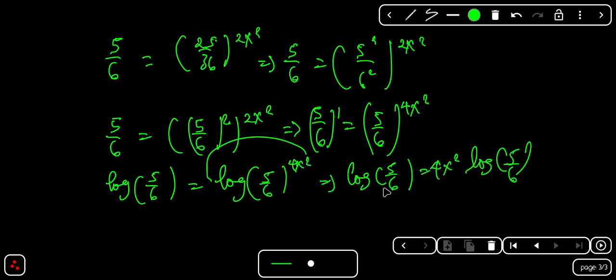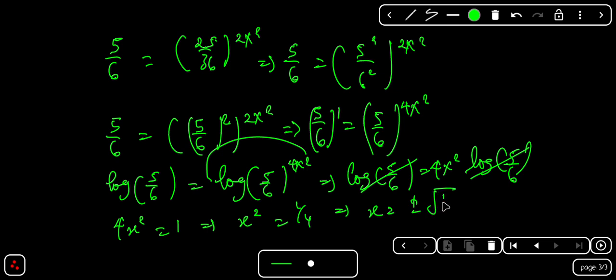What you observe is that log of 5 over 6 cancels out, so 4x squared is equal to 1. Divide both sides by 4, so x squared is equal to 1 over 4. Then take the square root of both sides, so x is equal to plus or minus the square root of 1 over 4, which is plus or minus 1 over 2. So guys, therefore, x is equal to 1 over 2 or negative 1 over 2. Those are the two values of x.